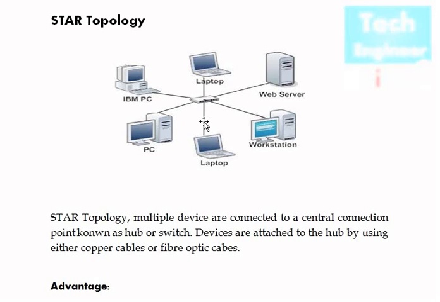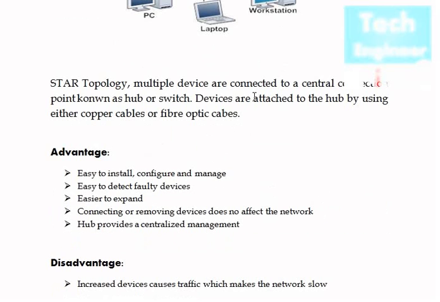So if the hub or switch goes out of order, then the whole network will collapse. This is its disadvantage also.